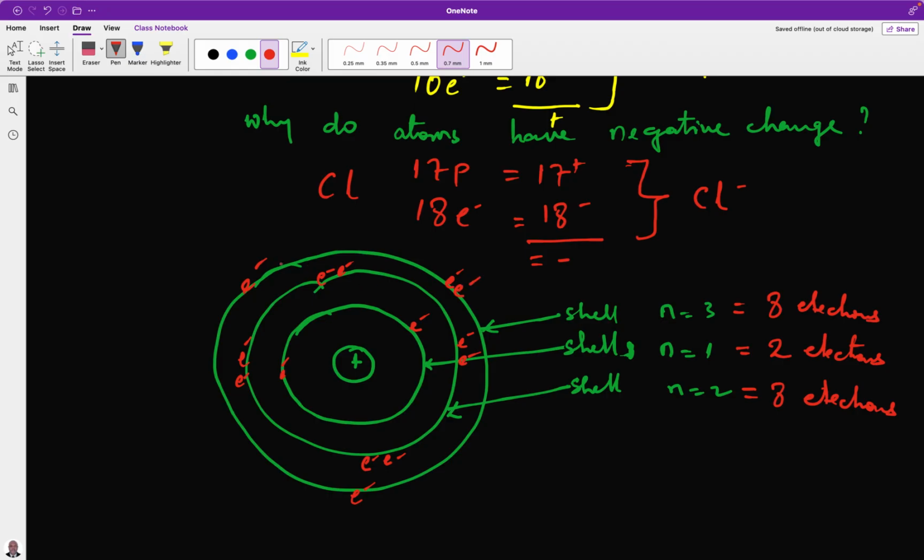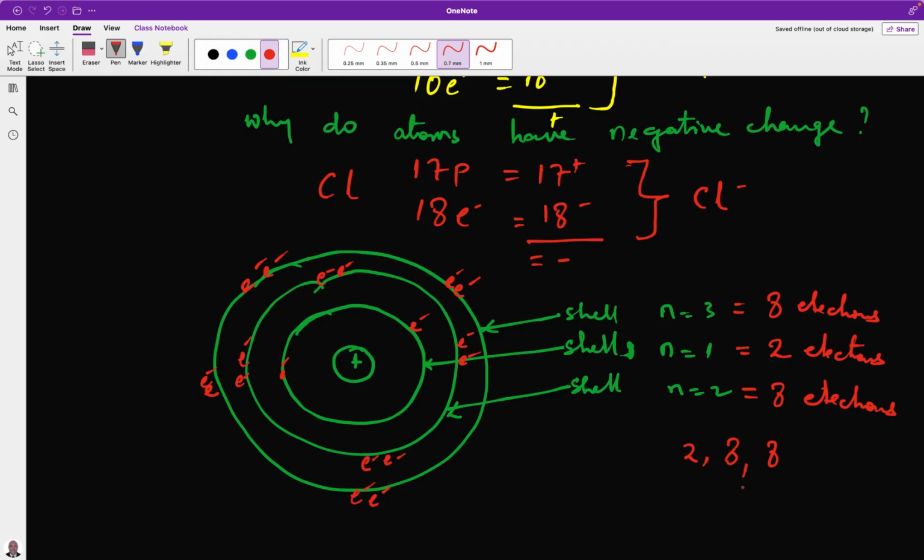And if we have 2, 8, 8, this is a noble gas.